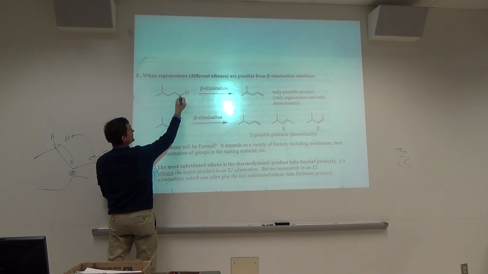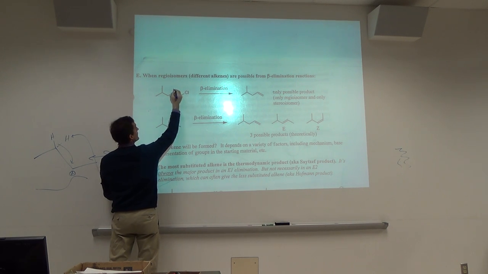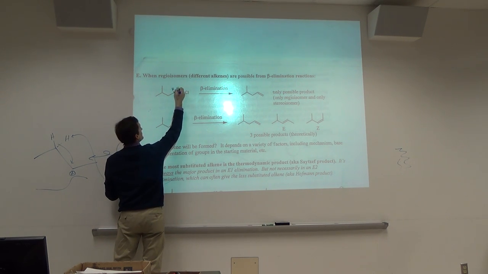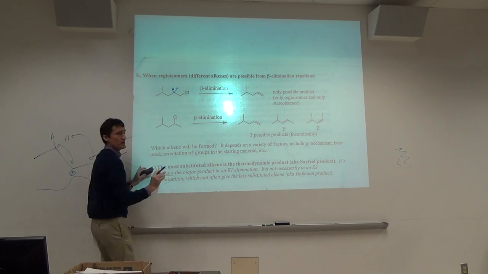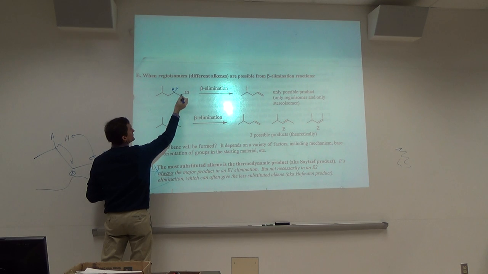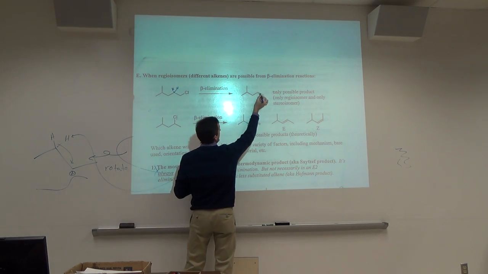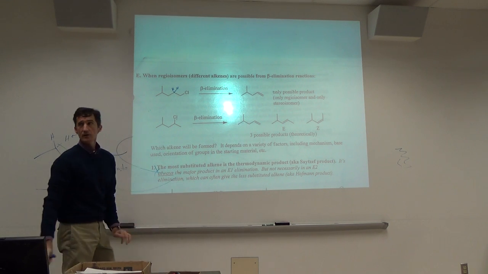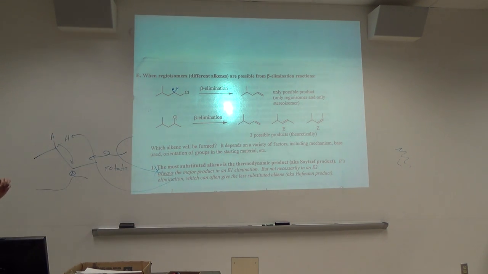Here's the alpha carbon, the carbon the leaving group is on. Here are the beta hydrogens. There's only one type of beta hydrogen. We remove an H, electrons end up here as a pi bond, and the leaving group is gone. There's nowhere else to put the pi bond because there's no other type of beta hydrogen present.